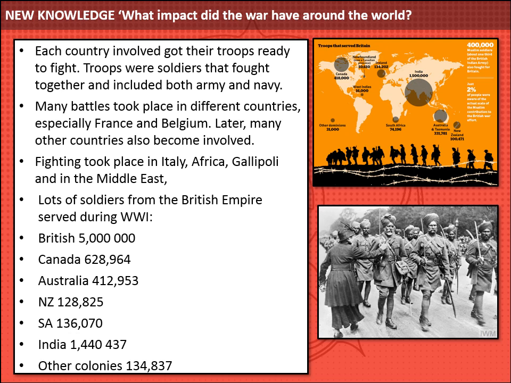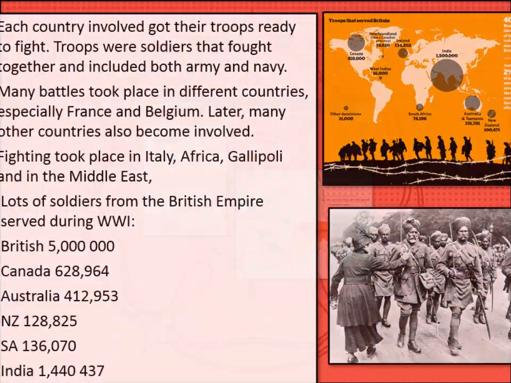So it's clear that people from Britain weren't just fighting, there were people from British Empire and British colonies who fought in the war. So it has a huge impact around the world.